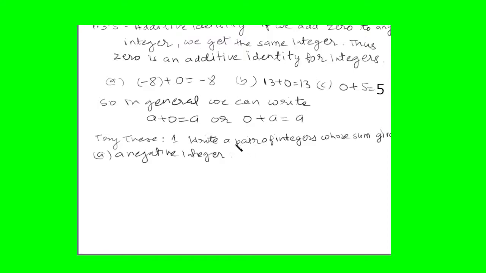So our solution is 5 plus minus 12 equal to minus 7. 5 and minus 12 are two integers, and when we add, we get minus 7. So we get their sum as a negative integer.